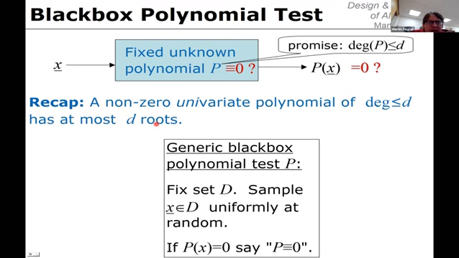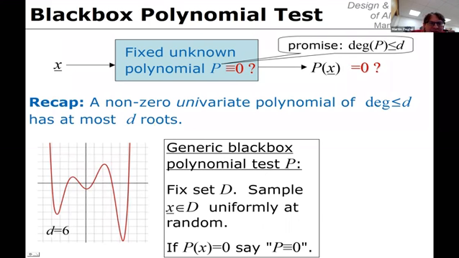But as I said, this observation, this analysis means that the generic black box polynomial test algorithm will succeed when we have a univariate polynomial, because the fundamental theorem of algebra applies to the univariate case. A polynomial of degree at most 6 has at most 6 roots.